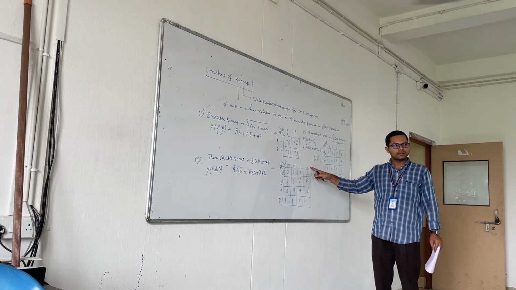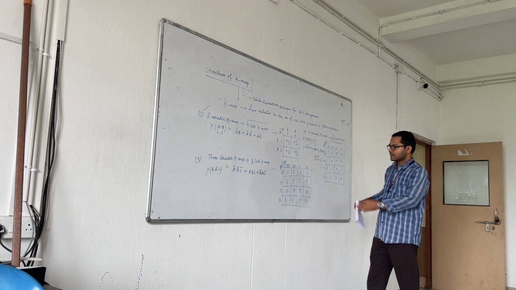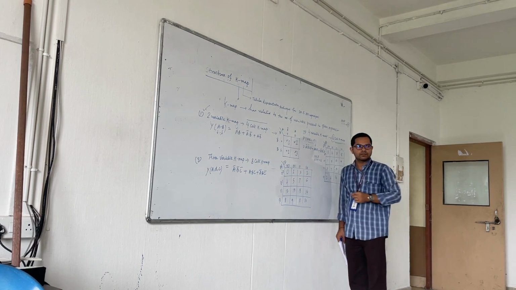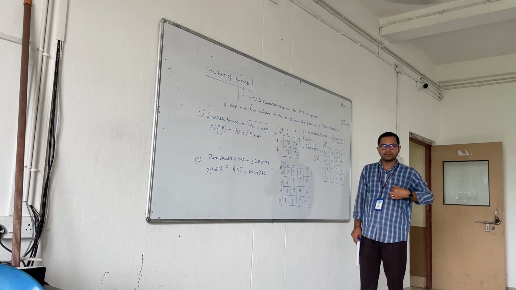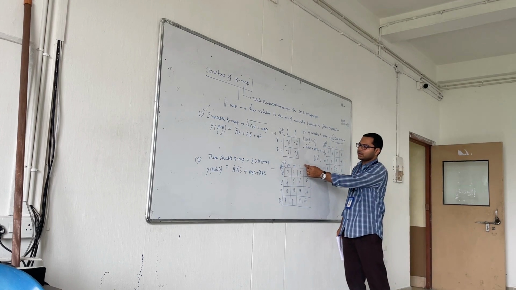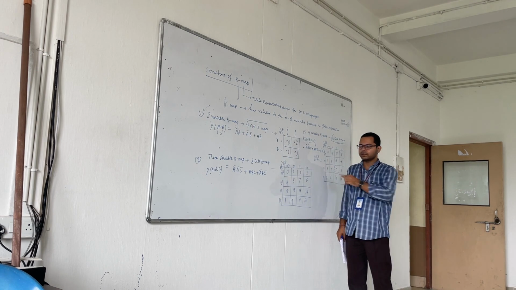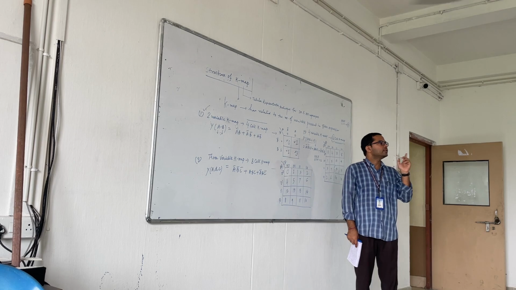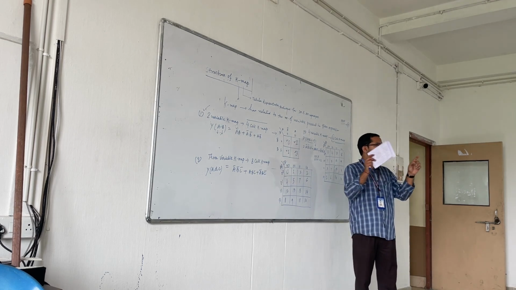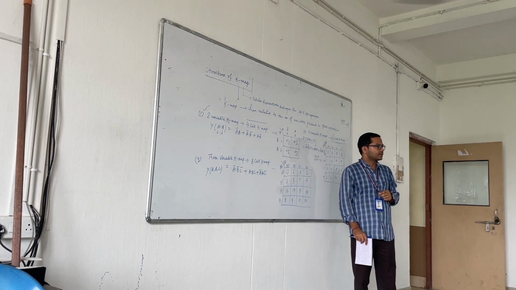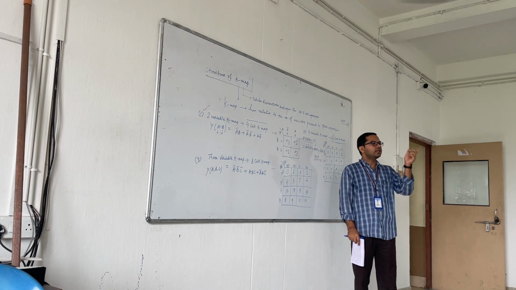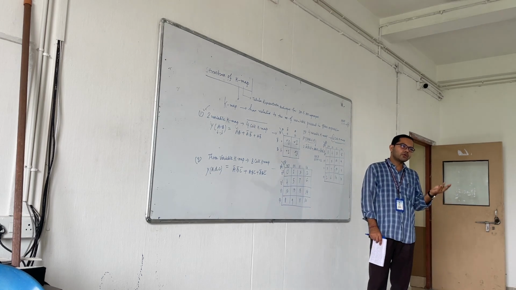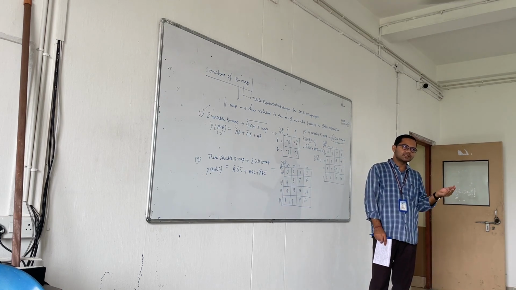That means you are asking, sir, why we are writing 1 1 before 1 0. That is also a logic. The logic behind writing 1 1 in the third position and 1 0 in the fourth position is that a K map is successful only when you are getting adjacent cells. Because there will be groups: 2 cell group, 4 cell group, 8 cell group, 16 cell group in this way.